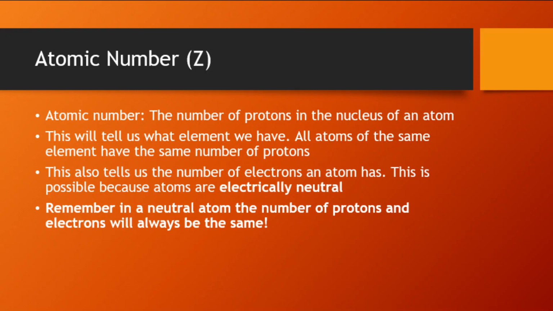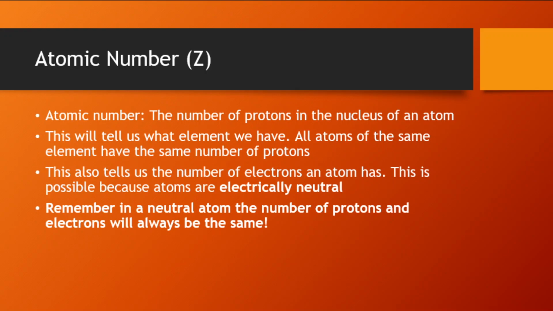When I say that an atom is electrically neutral, I'm saying that the number of positive particles it has equals the number of negative particles it has. There is no net positive or net negative charge in our overall atom.